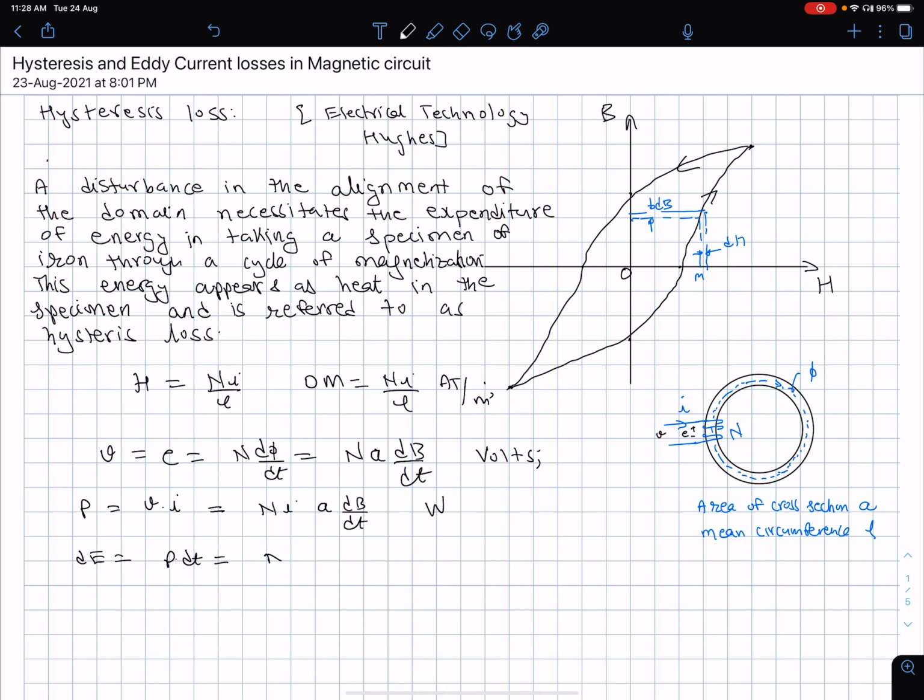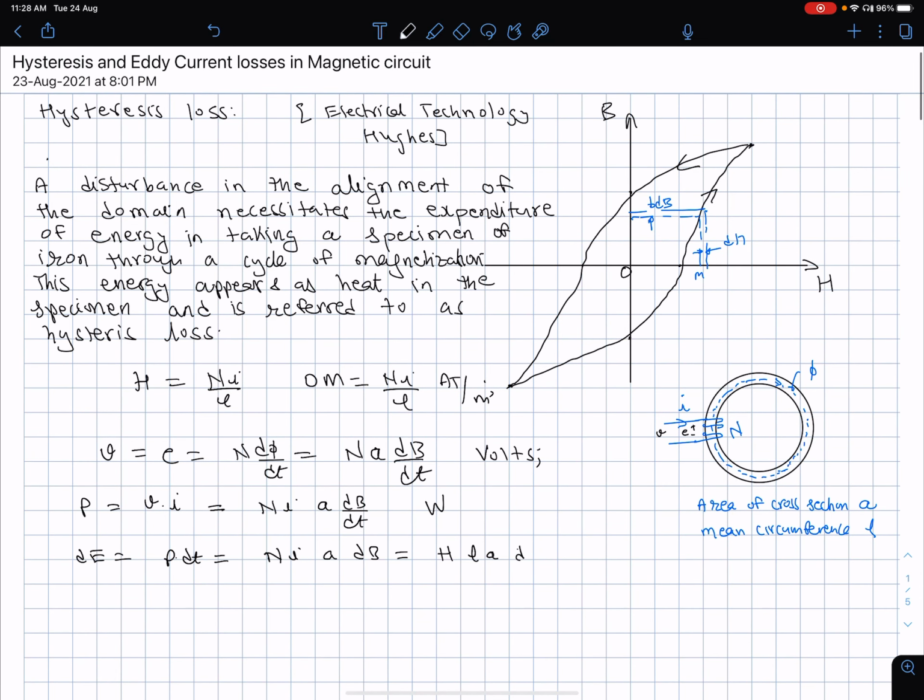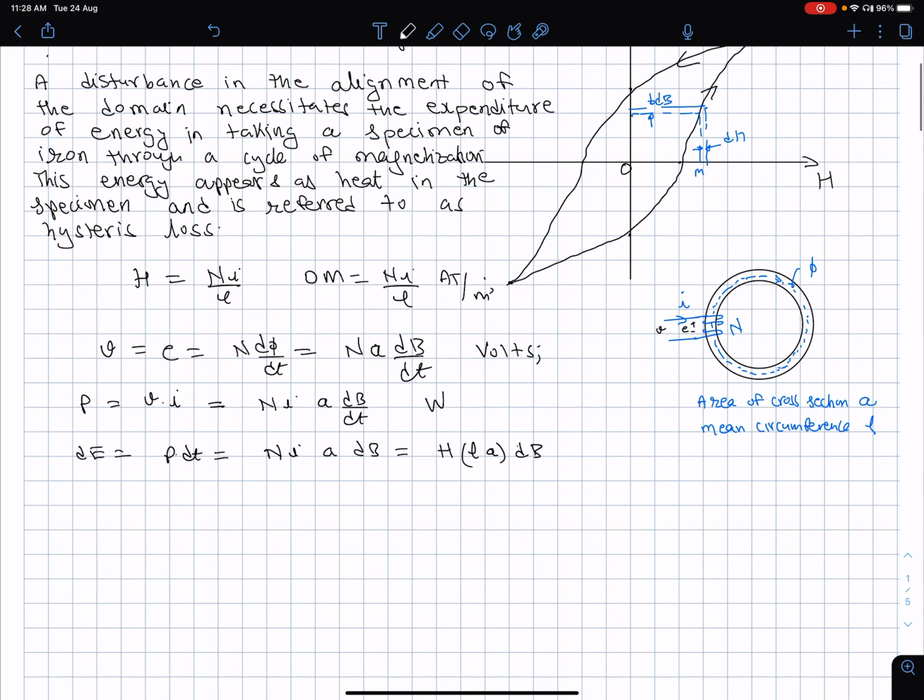N i A dB, but N i, the MMF, can be written as H times L. So therefore H L A dB, and I will group H, L and A together, because the unit here is that of volume, which is the cubic meter of this core.